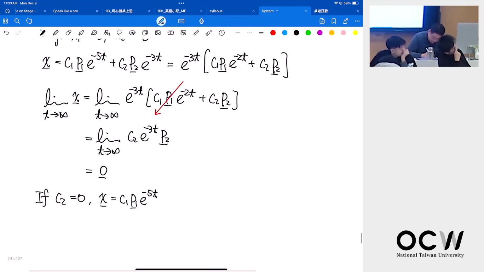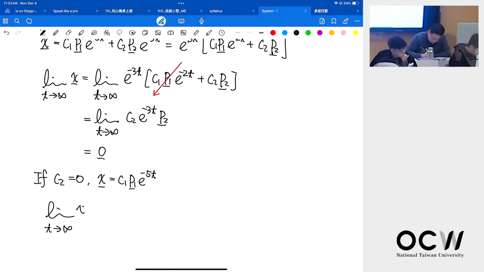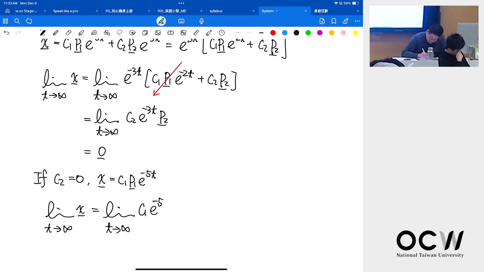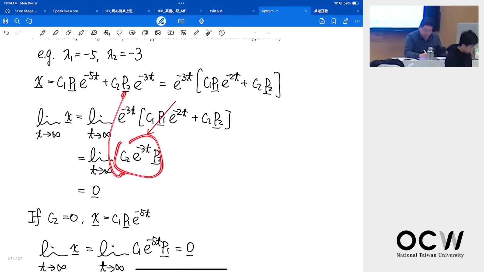And when t goes to infinity, C1 e to the minus 5t P1, when t goes to infinity, it is still 0. Similarly, when C1 is 0, this term, we just proved that they will also go to 0.